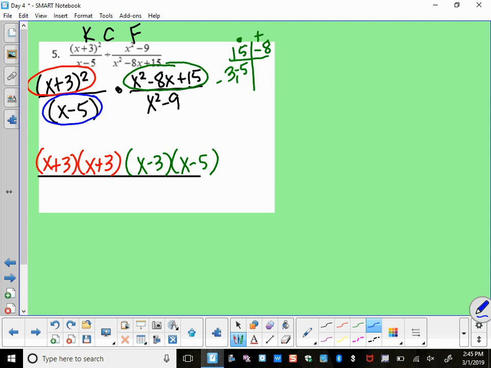On the bottom, there's nothing to do with that factor, you just rewrite it. And then I have x squared minus 9. That's a difference of squares, so x plus 3, x minus 3.